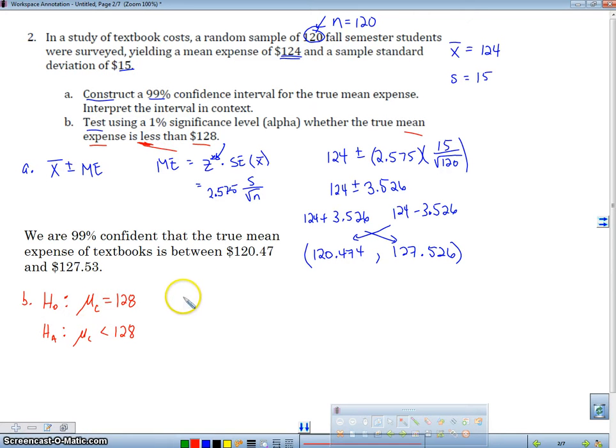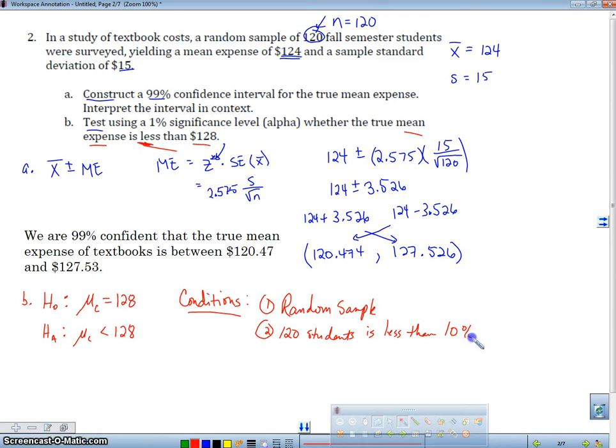Now the second thing we do is we need to have our conditions for inference. So what are our conditions for inference for one sample means with a large sample size? Well, the first thing is that we have a random sample. So we just want to make a note that our sample is taken at random. Second, we want to say that 120 students is less than 10% of all students.